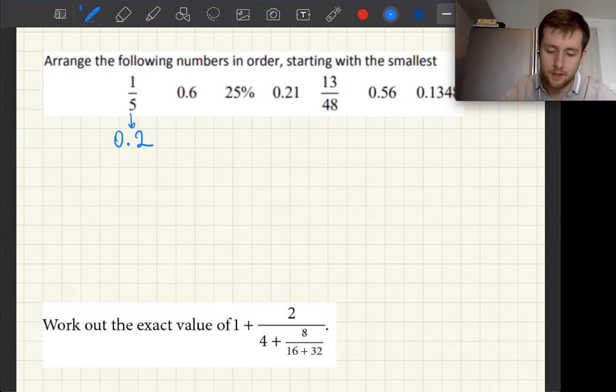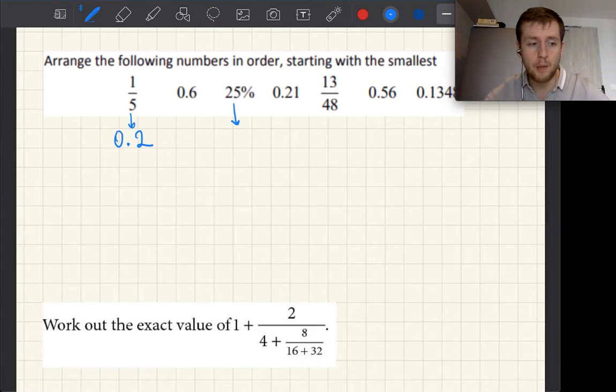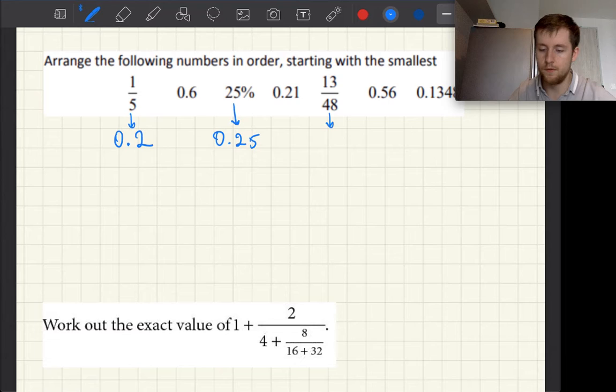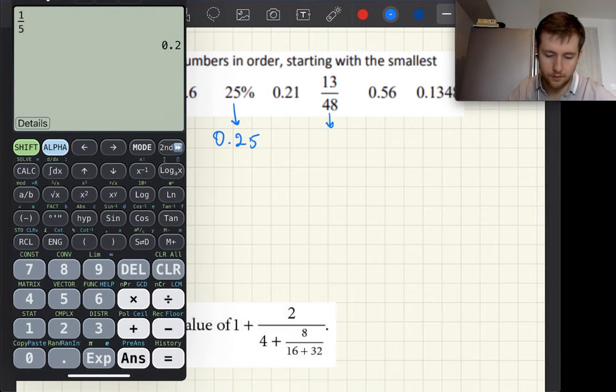0.6 stays like that. Percentages, 25%. As you probably know, a percentage is just another fraction with a denominator of 100. So that's 25 over 100, which becomes 0.25. And finally, this one, 13 over 48.